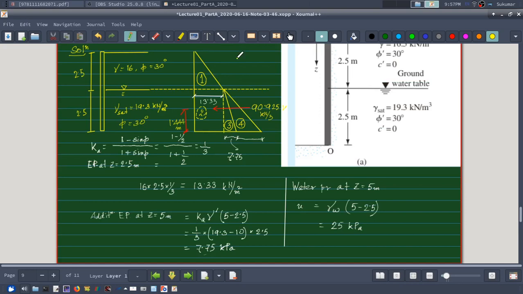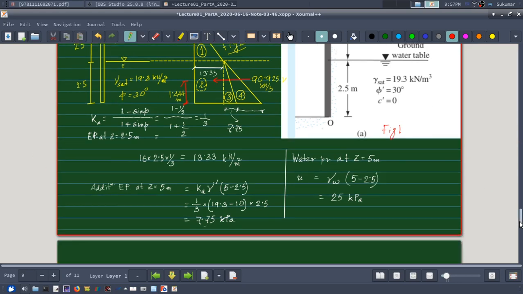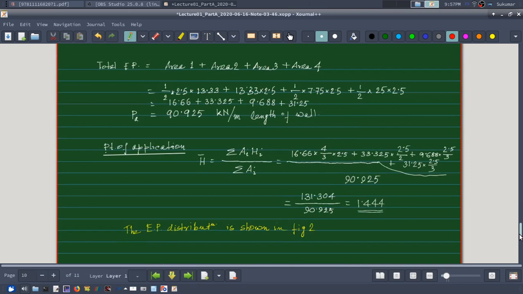I should write it here, but now I'm writing it here, figure 2, and this is my figure 1. Okay, so this completes our problem.